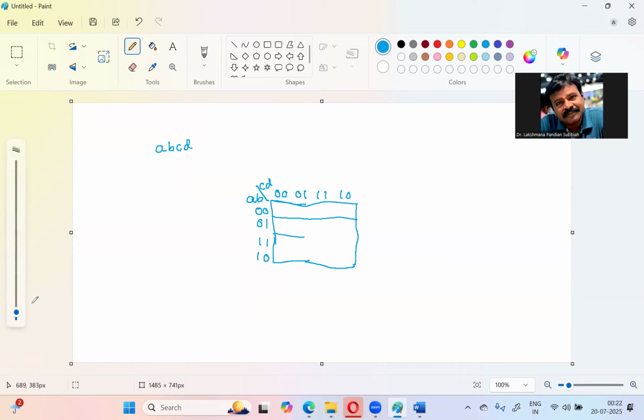Then you draw the horizontal lines and vertical lines, then we have 16 cells, 16 squares. Now if you have a function given as a sum of min terms, they will give sum equal to 0, 1, 3, 5, 7, 11, 12, 15.